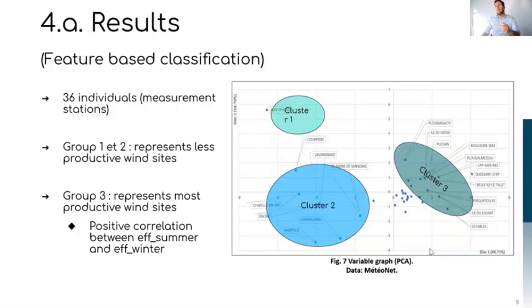So here in the classification, we have three main clusters, and the third one is the one where there are the most productive sites. And this result doesn't serve the purpose of our research.